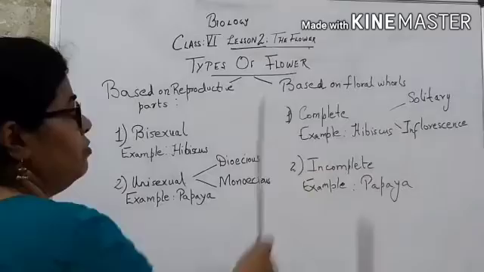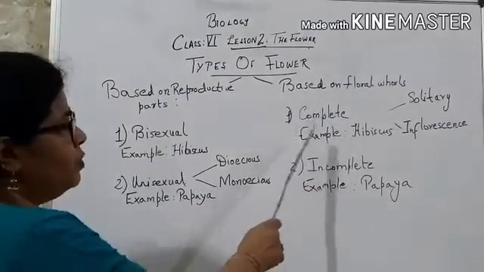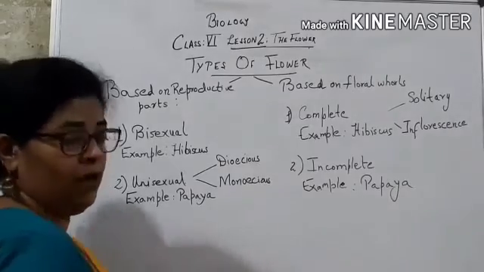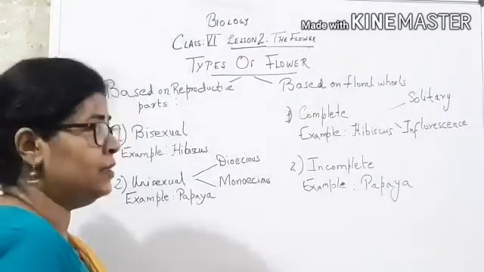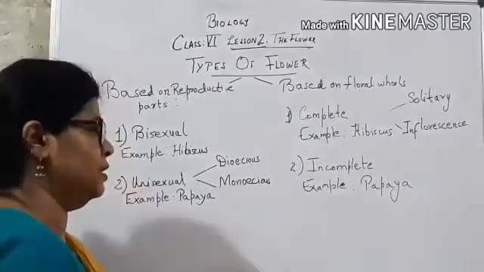Okay, a papaya plant has a tree which bears male flowers and another tree which bears female flowers. Then based on floral whorls, there are 4 whorls we learnt last time. If all the 4 whorls are there in a flower, that's a complete flower, and we have already seen a complete flower, the hibiscus.